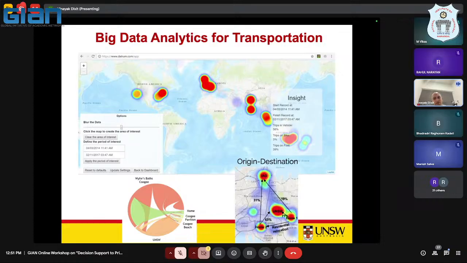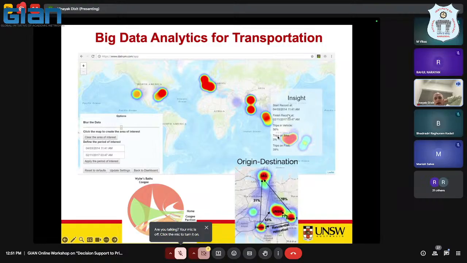Have you seen your location history? Yeah. The location history tells you how you have traveled. It even tells you how much you have used your bike, how much you have walked, how many trips on a vehicle. In fact, it can even tell you how many on the rail and bus. So it is giving you the percentage of your trips depending on the vehicle and also based on the distance.